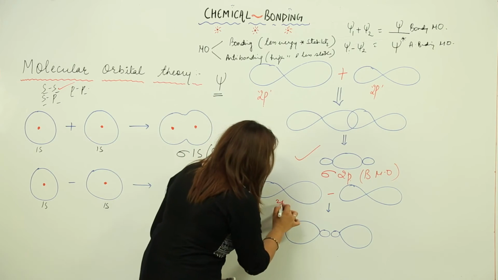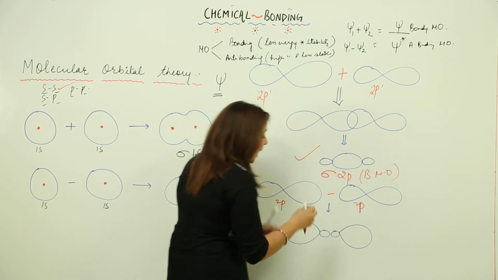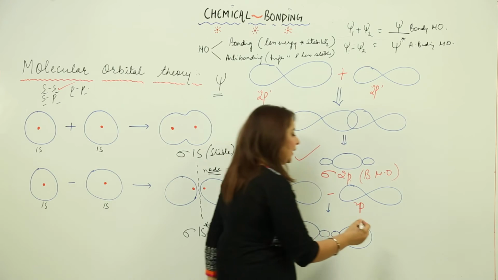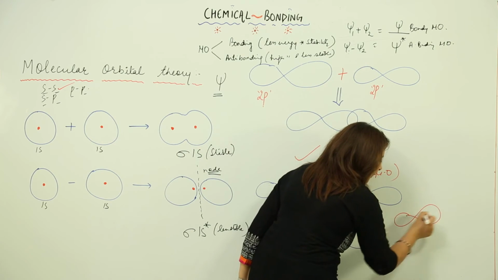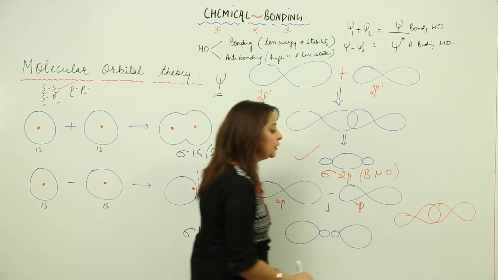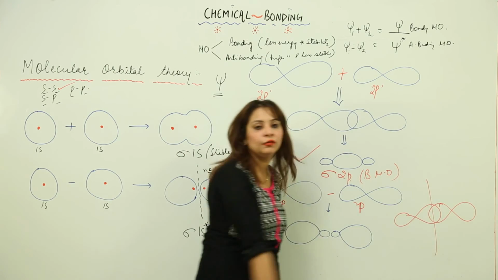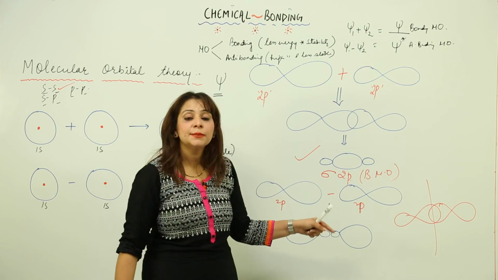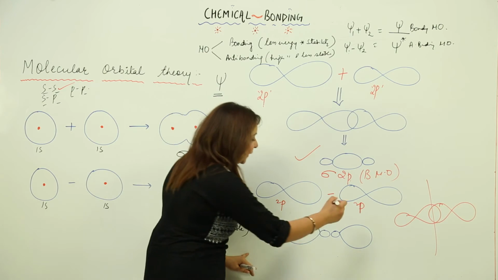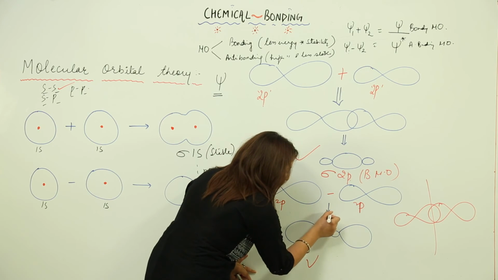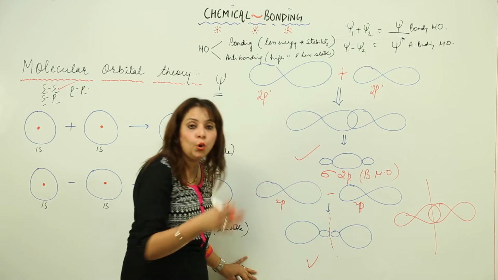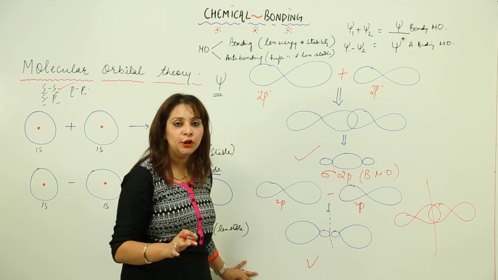So this is my 2p and this is again my 2p, and when they try to overlap, they overlap in the same way. But here we need to subtract, and subtract means there will be a repulsion, it will give rise to a structure like this, and this is the node where the probability of finding the electron is absolutely 0.